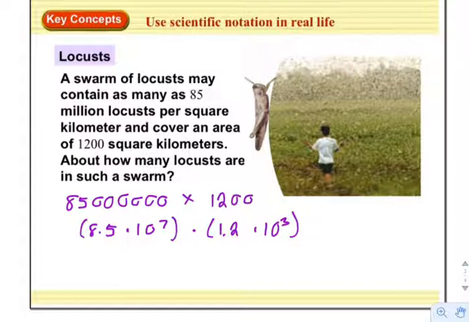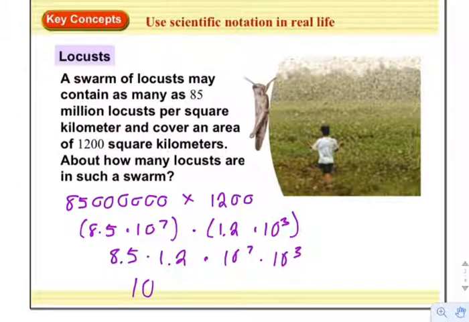So now that I have this equation, I can rearrange it and say 8.5 times 1.2, and then times 10 to the 7th times 10 to the 3rd. Well, 8.5 times 1.2 is 10.2, and 10 to the 7th times 10 to the 3rd, following our product rule, is going to be 10 to the 10th power.